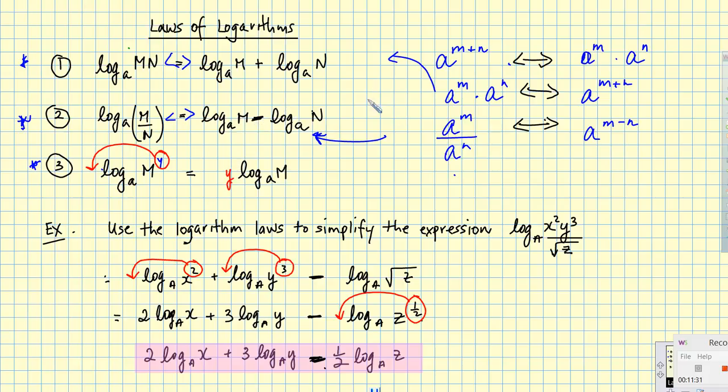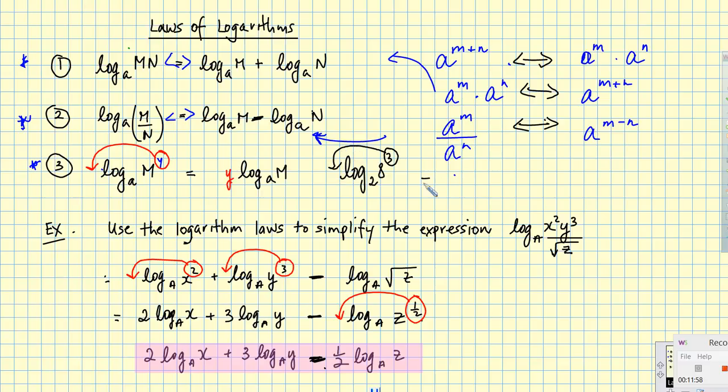And the last rule that we want to look at, which is very important, is if I have log base a of m raised to the power of y. What that means is that if I have a logarithm, let's say base 2 of 8 cubed, I would bring my value of the 3 out to the front.